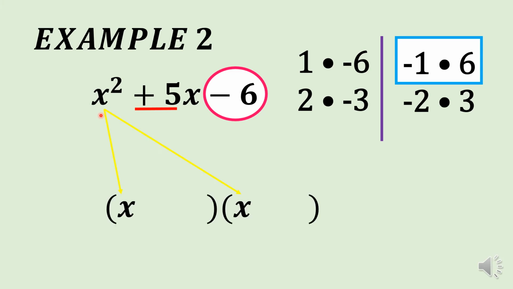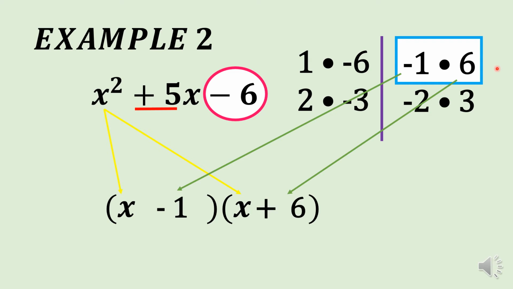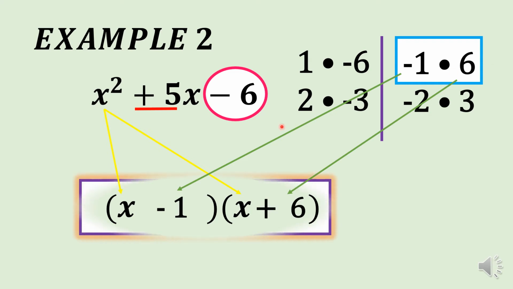So again, draw parentheses. You have x times x. And then you place now our factors. You have now negative 1 dun sa unang x. And then for the second one, you have positive 6, so plus 6. Therefore, we have now our factors as quantity x minus 1 and then quantity x plus 6.